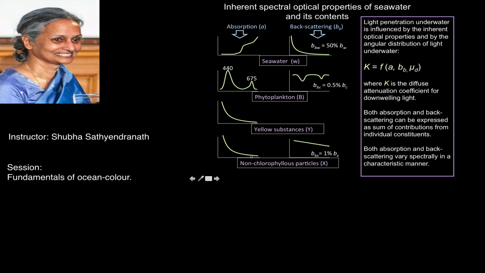Or if you prefer, colored dissolved organic matter and detritus, and anything else that might be in the water, such as suspended sediments and so on. So you consider their absorption and scattering properties, and you can calculate the diffuse attenuation coefficient as a function of these quantities.